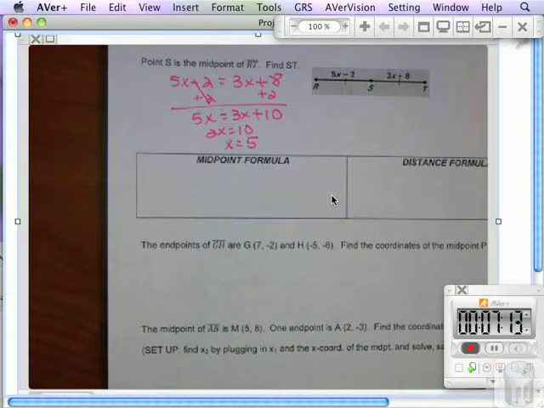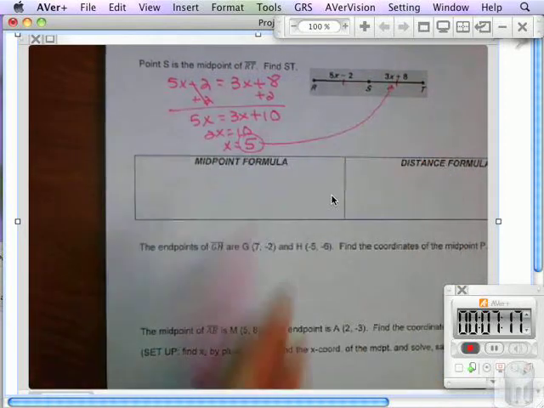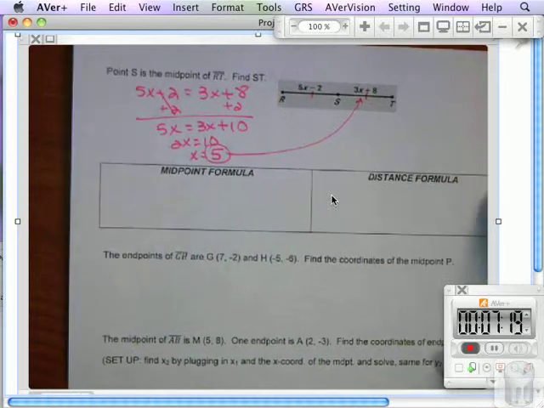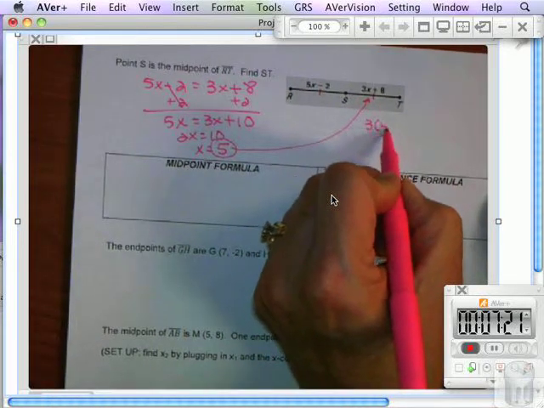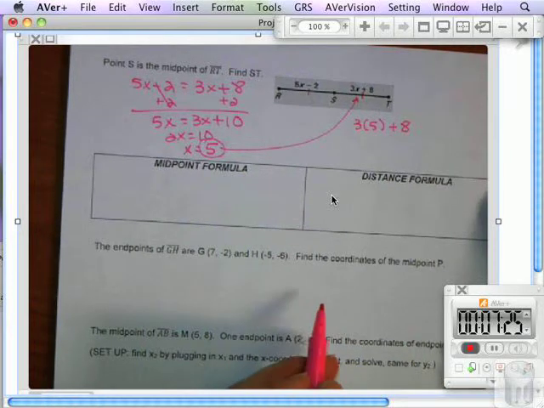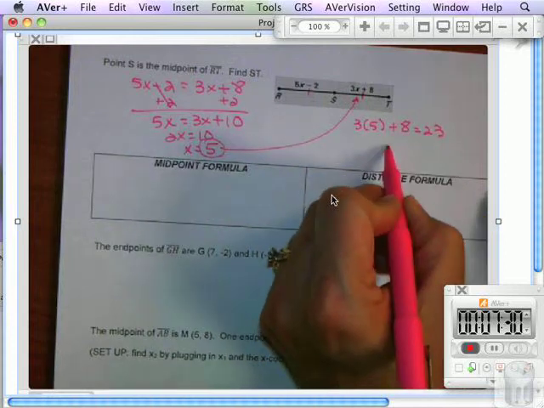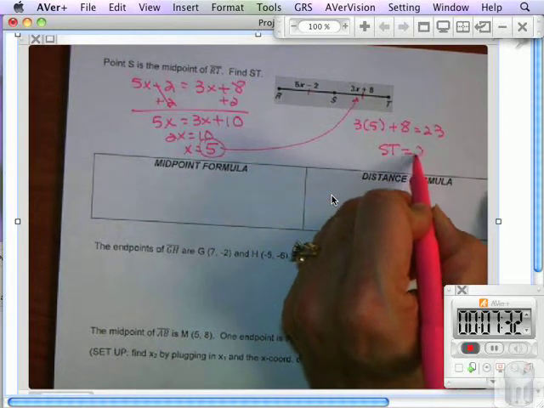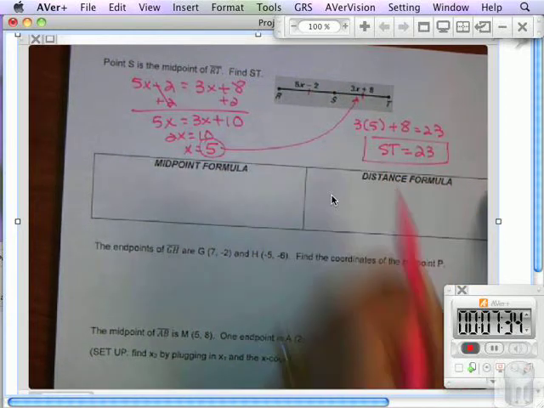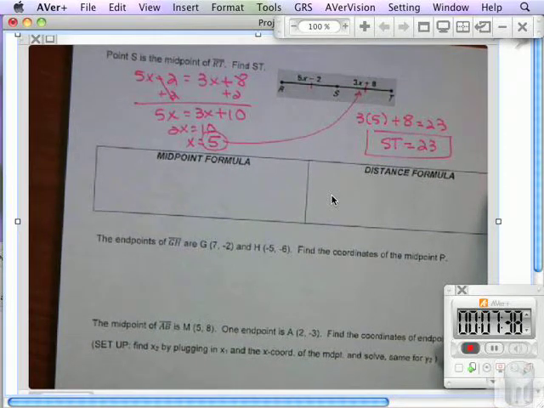Now I have to find ST. So I have to take that x and plug it in there. 15 plus 8 is 23. So to be proper, I'm going to say ST equals 23. Doable? Not so bad.